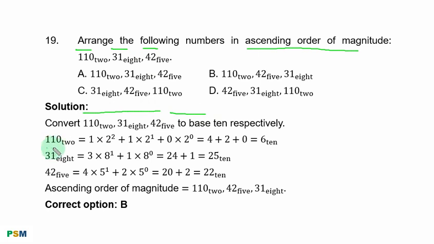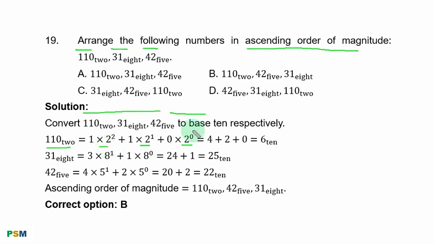For the first number, you multiply each digit by the base number, plus the next one, and so on. After that, you assign powers to the base number, starting with 0 from right to left. So base 2 takes power 0, the next one power 1, the next one power 2.